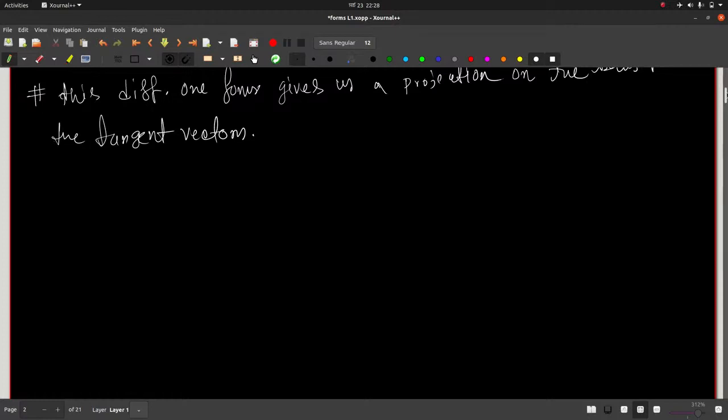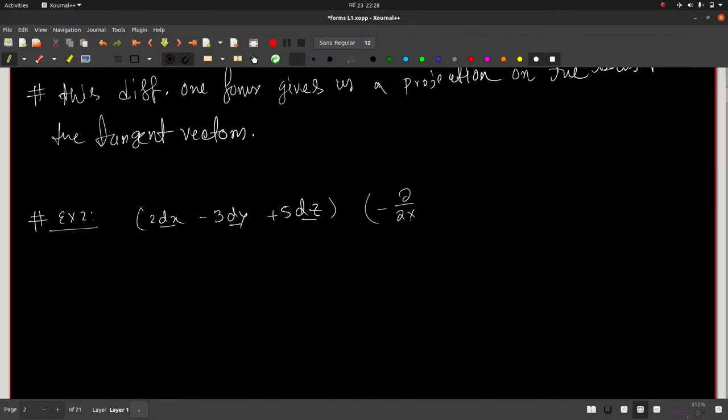Now similarly you can try to compute another quantity. Let's say this is our example: 2dx minus 3dy plus 5dz. Again, remember these are differential one forms, and I want you to compute this quantity.